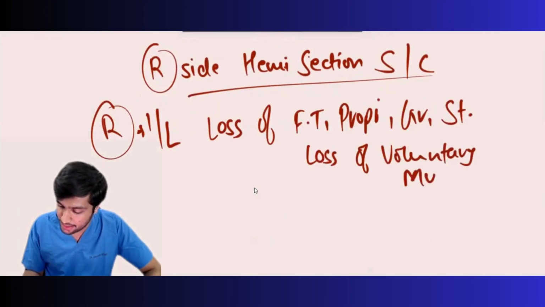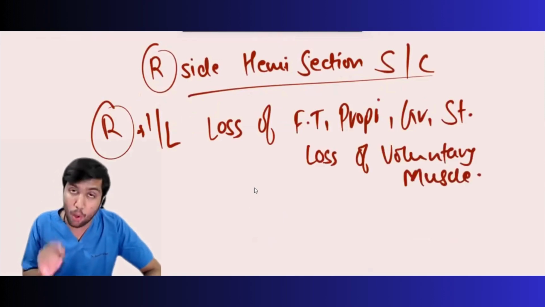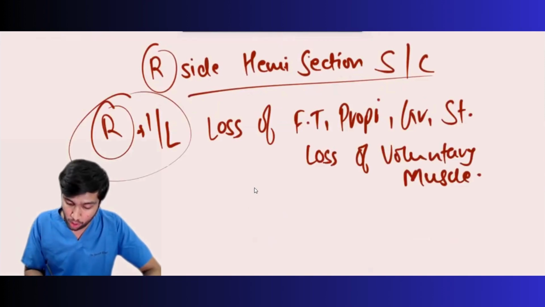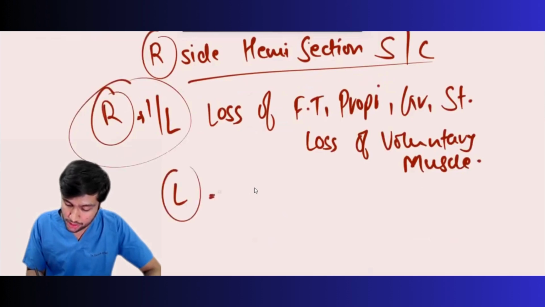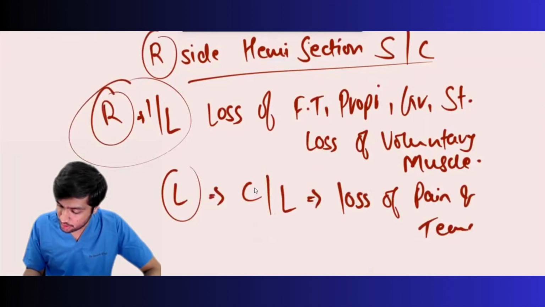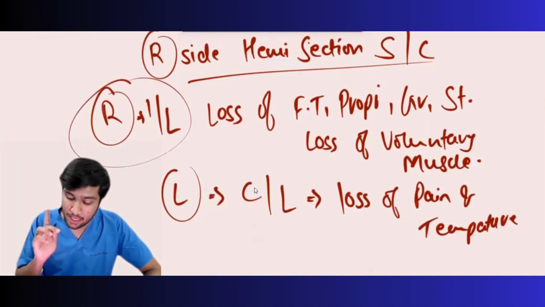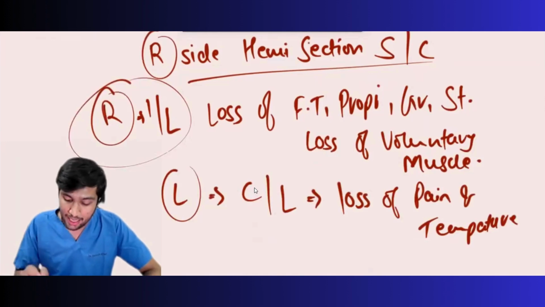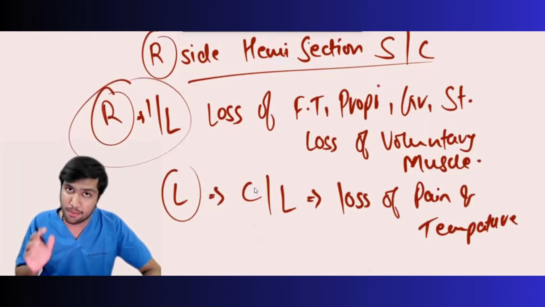That will all be lost on the right side of your body ipsilaterally, and on the left side, that means on the contralateral side, you will observe loss of pain and temperature. If we have a right-sided hemisection of the spinal cord, basically this is nothing but your Brown Sequard syndrome.